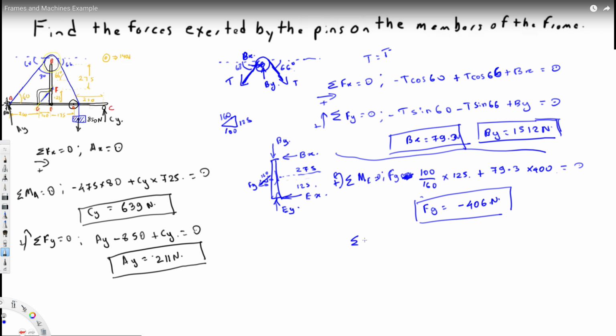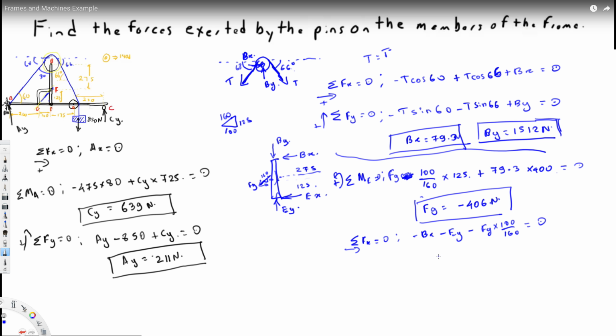Let's take summation of f of x. If I take summation of f of x, it is equal to 0 in statics. If I take this direction positive, bx is going to be negative: minus bx minus ex minus fg cos theta. Instead of cos theta I can write 100 over 160, and we know the fg already.